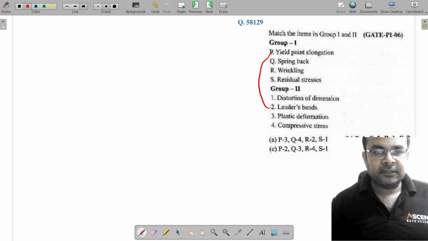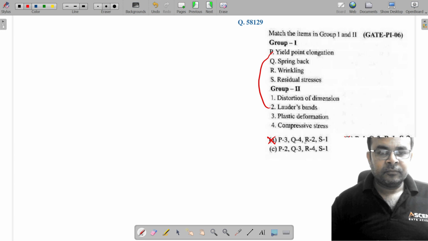So let me check. We have only two options, so option A is wrong. This is also wrong. Spring back mainly is caused in plastic deformation. So Q3. Is there any option? Yes, Q3.